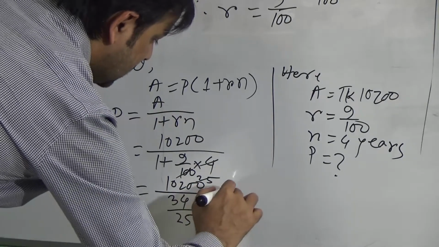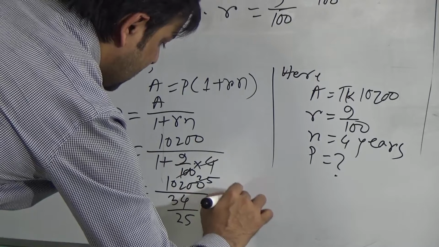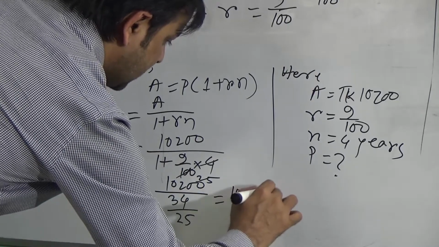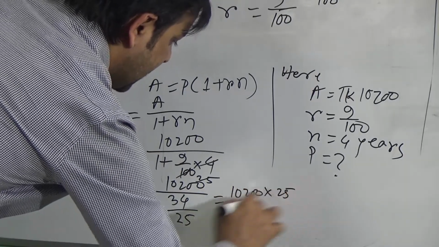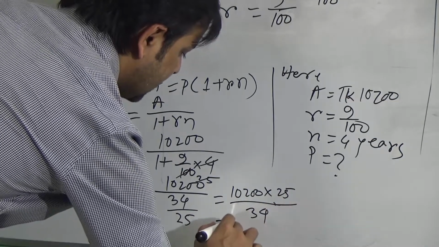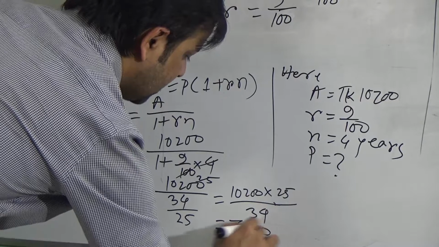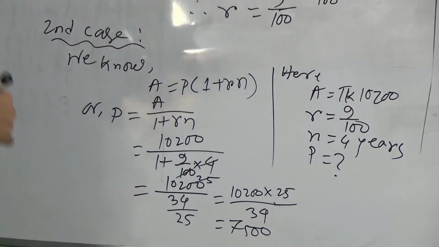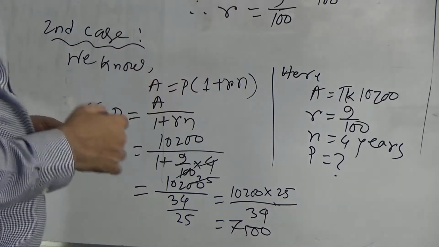If we do the calculation here, that will be 10200 multiply by 25 by 34. Now if we calculate, we will get here 7500.